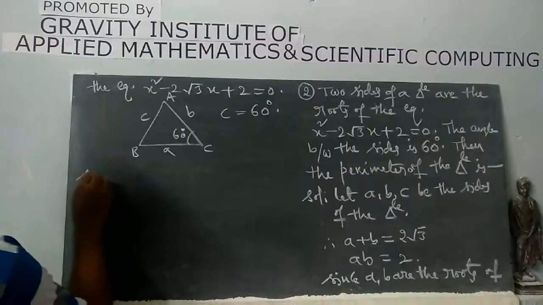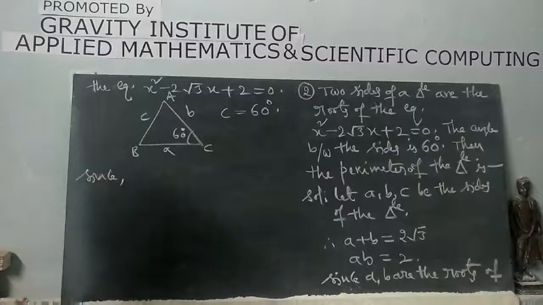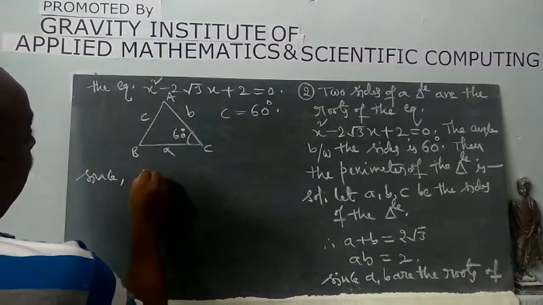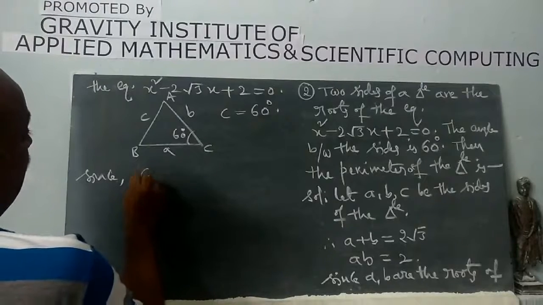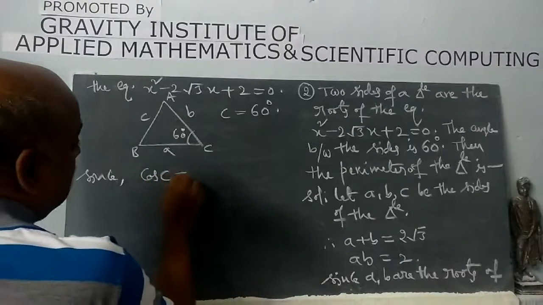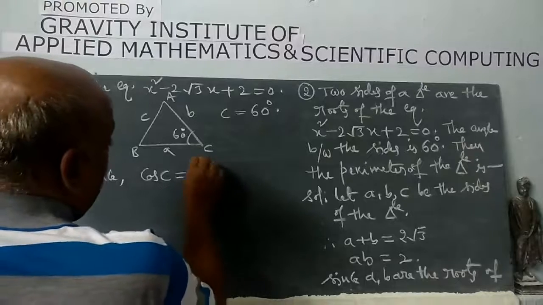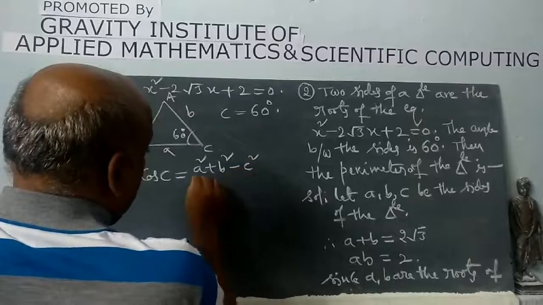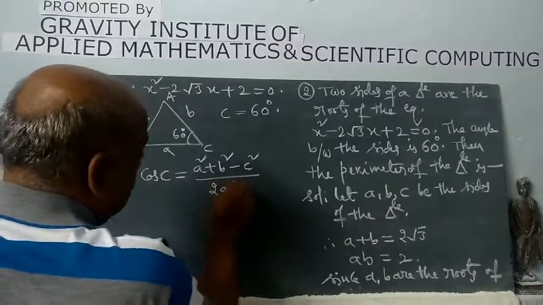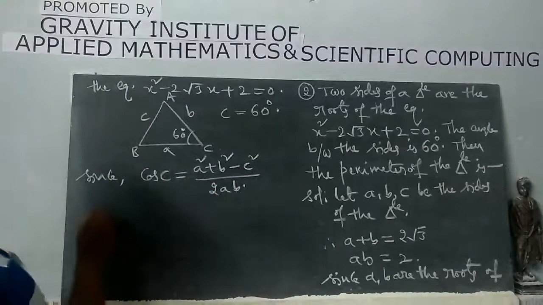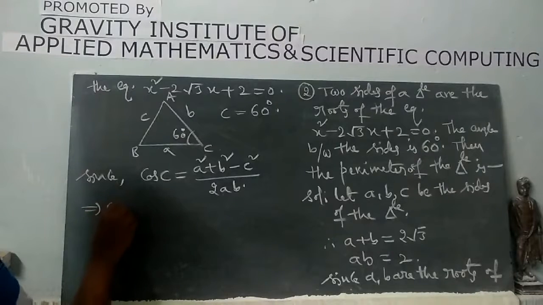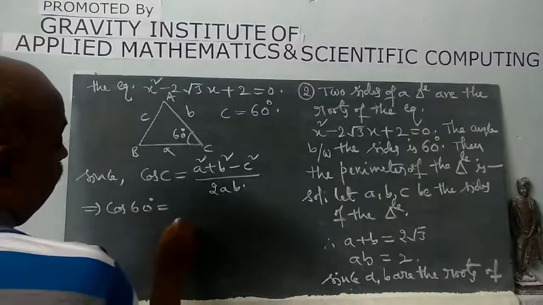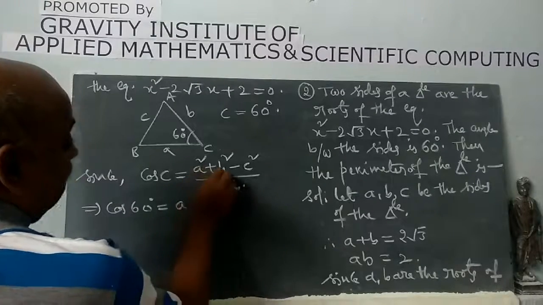Since cos C is equal to a square plus b square minus c square by 2ab, and C is equal to 60, so cos 60 degrees is equal to a square plus b square.